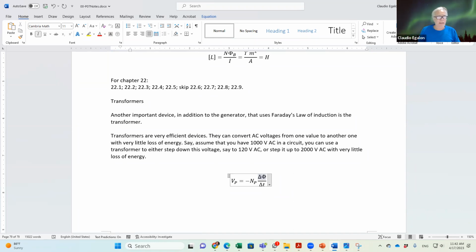Okay, times the magnetic flux. I can even put primary there too. The secondary is the same, just with the letters exchanged.